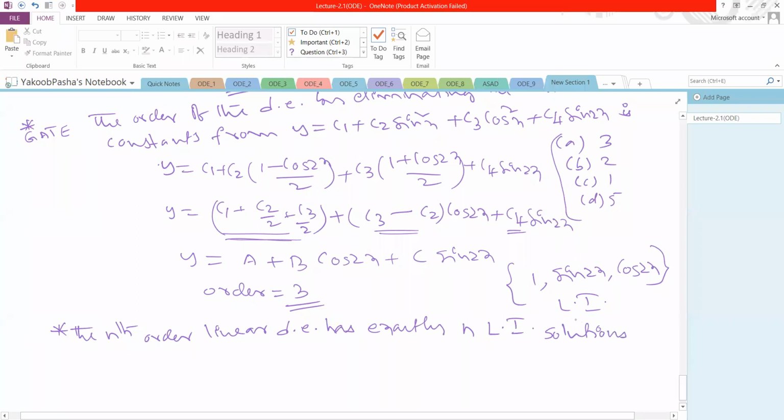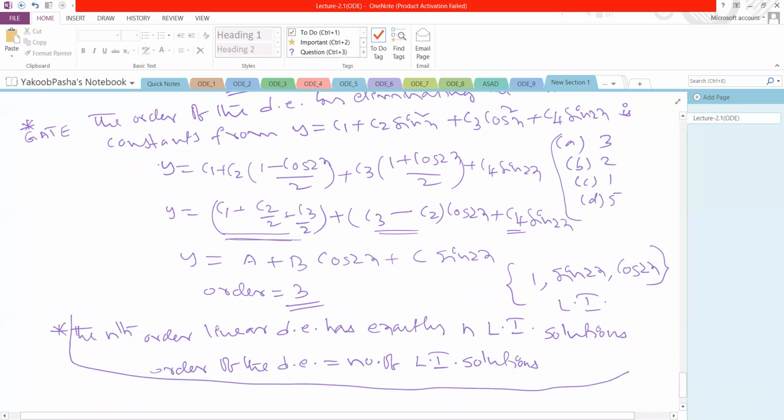That means the order of the differential equation is equal to the number of linearly independent solutions. You have to remember this. The first point we said: order is equal to the number of arbitrary constants, and the order of the differential equation is equal to the number of linearly independent solutions.